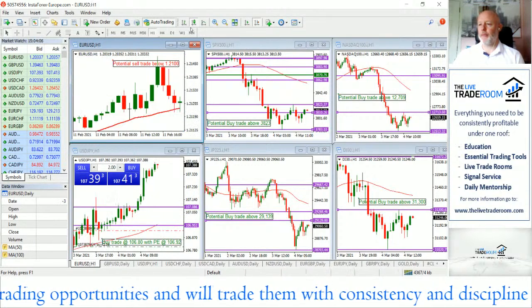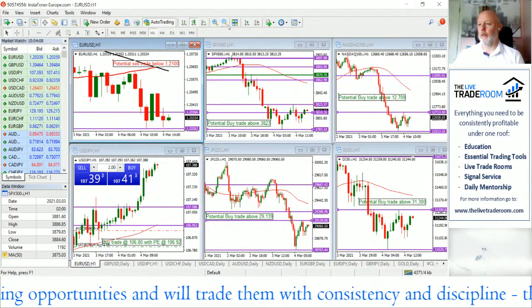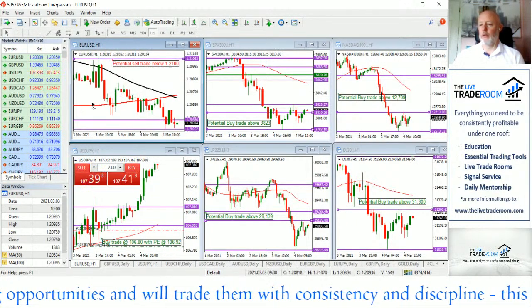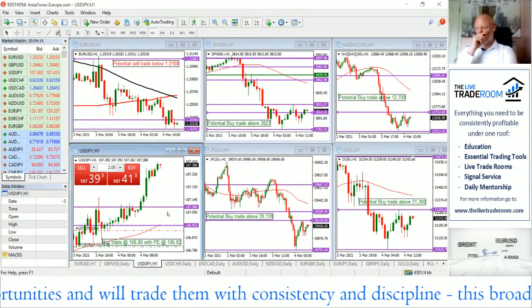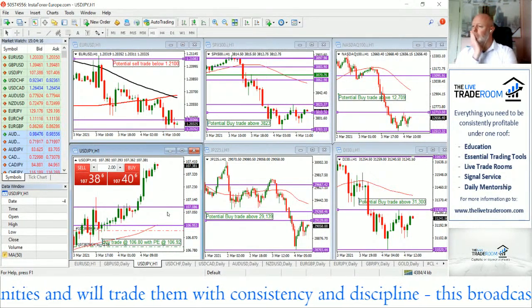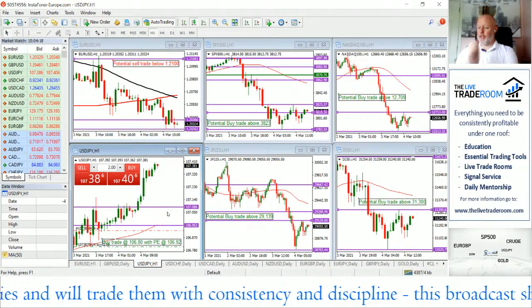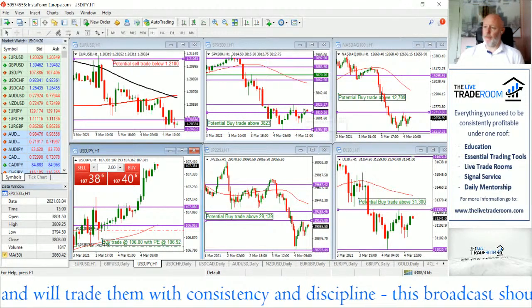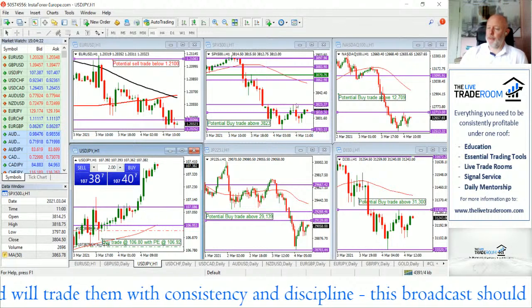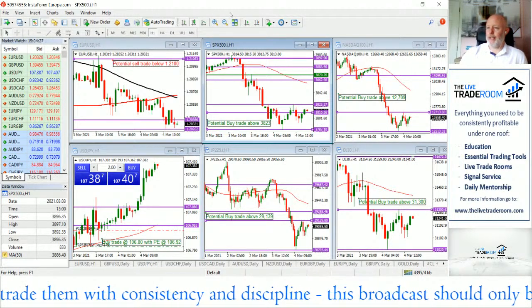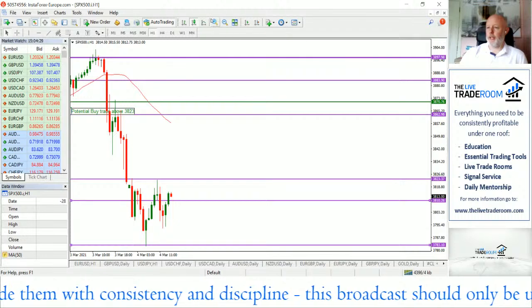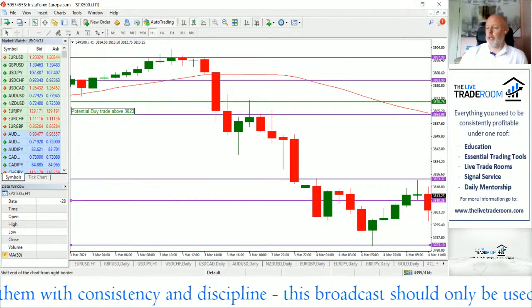We'll have a look at it on the smaller time frame. With all of these levels, just from an education perspective, what we're looking to see is, if we identify these levels, I'll just zoom in here so you can see it as close as you can.